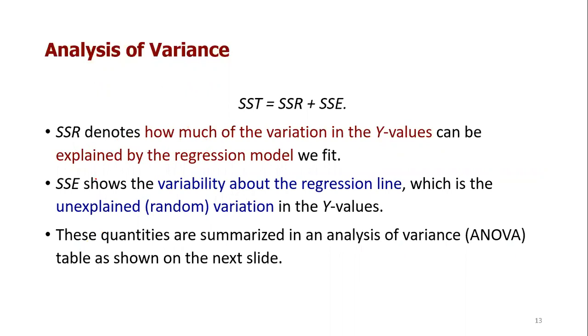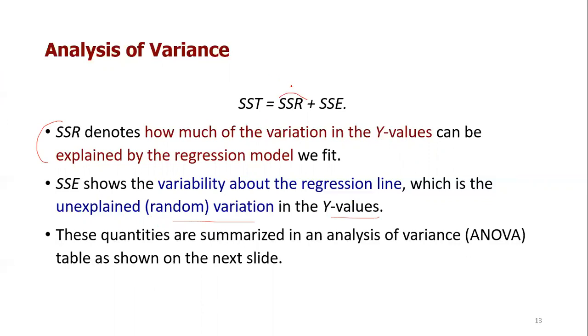So what are SSR and SSE? SSR denotes how much of the variation in the y values can be explained by the regression model that we fit. And SSE shows the variability about the regression line, which is the unexplained, random variation in the y values. This is very intuitive.